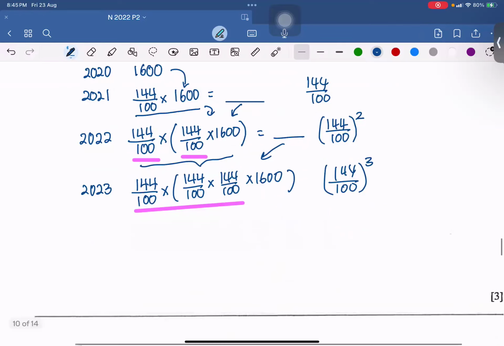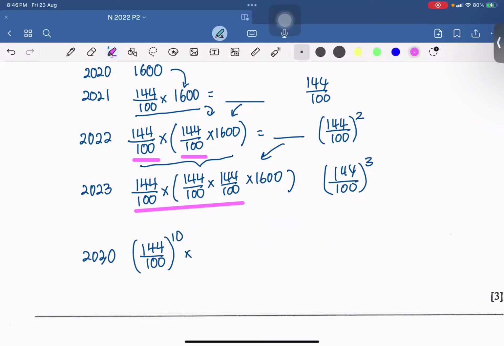So by the 10th year, 2030, how am I going to get my answer? I'm going to get 144 over 100 to the power of 10. 10 years, right? Times all of them multiply to one particular number. My original number started from 1,600.